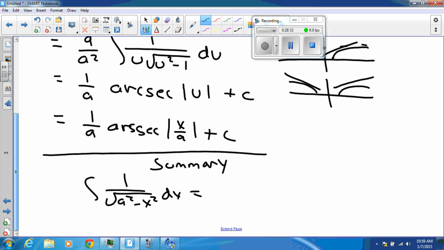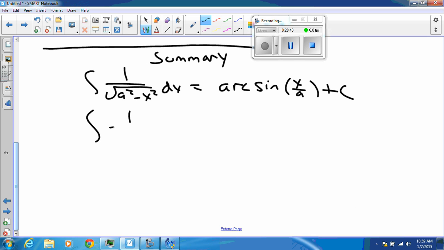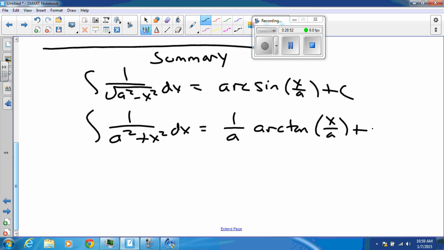So, summary. Our three forms. How many of them do you remember? What do we get here? Arc sine of x over a plus c. Very good. The integral of 1 over a squared plus x squared dx: 1 over a arctan of x over a, plus c.